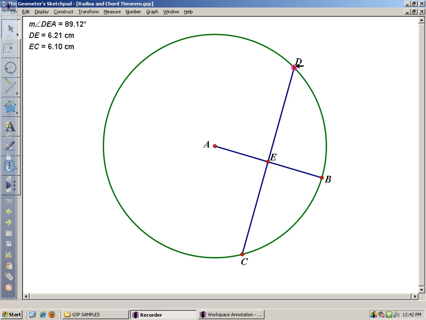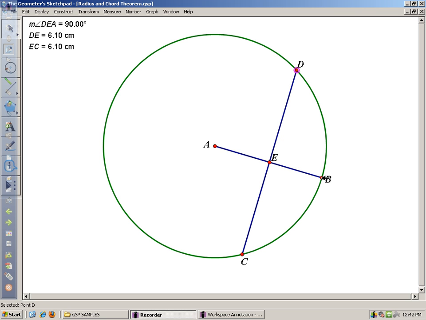So when we get to 90 degrees, we're almost there, almost there. So what happened? They're the same. So when the chord and the radius are perpendicular, the length from here to here and here to here is the same. So it cuts the chord in half.